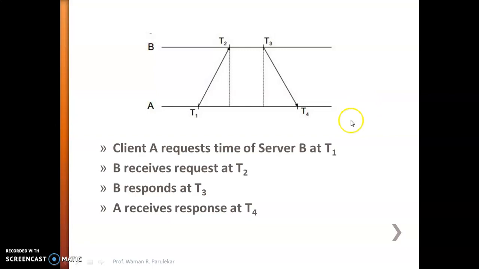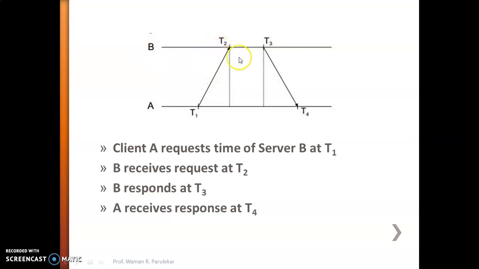Now we will study the client-server model of NTP. A is a client and B is a server. To synchronize the clock, A, the client, sends a request to the server. T1 is the time at which A sends the request, and T2 is the time at which B receives it.